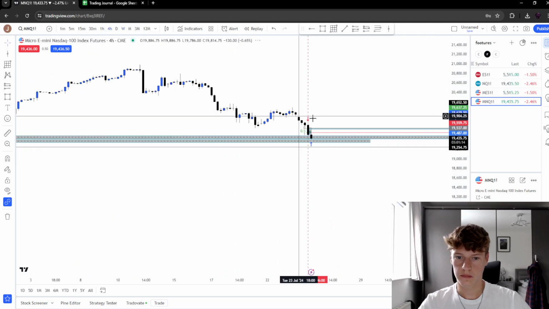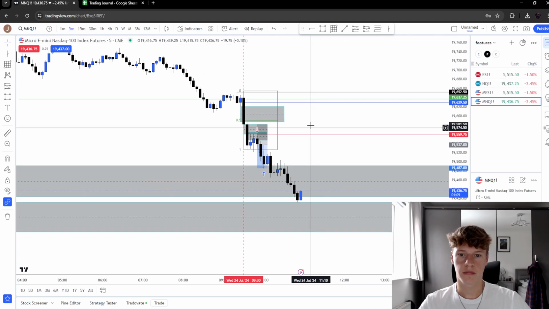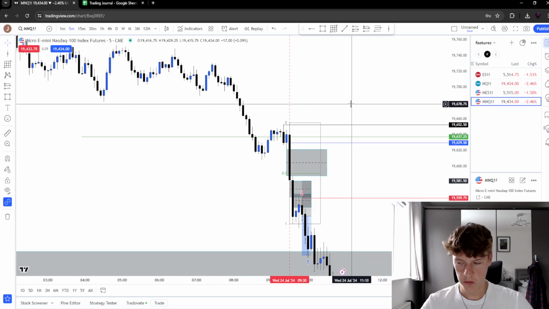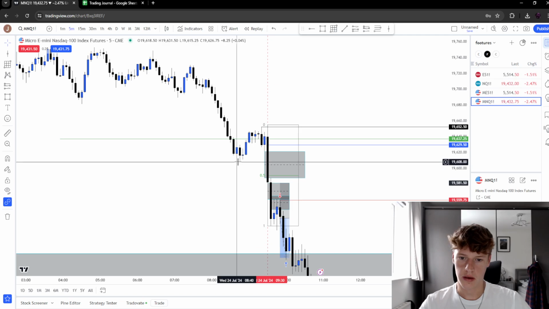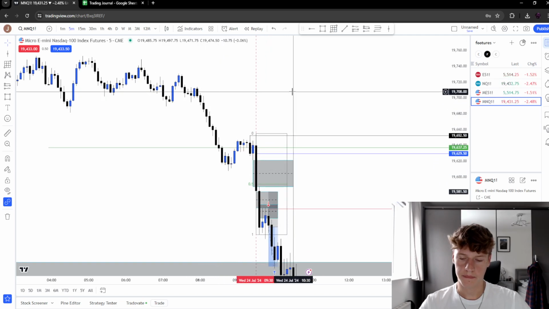So, moving into the actual trade we took. Usually, if the 4 hour is bearish, we want to see a low time frame sweep and then moves higher off of that.